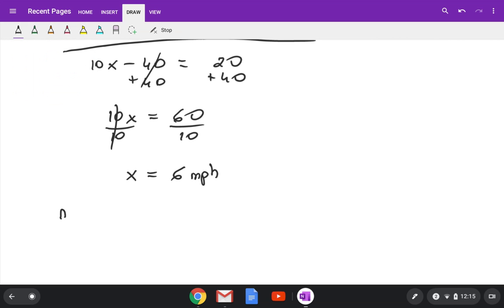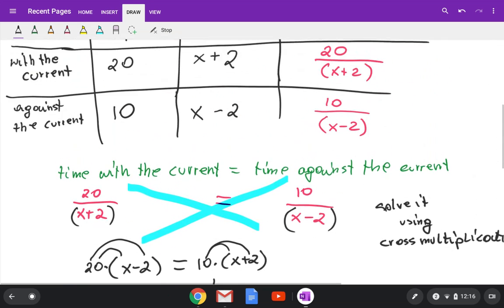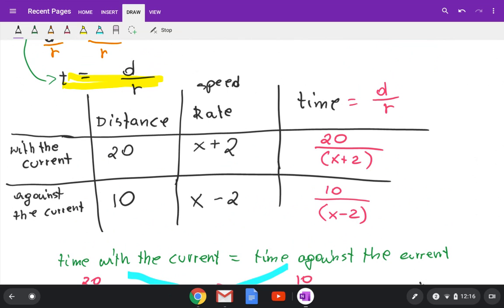So the answer: the speed of a kayak in still water is 6 miles per hour. Okay, so that's the speed of the kayak in still water. And again, with the current that will be 8, without the current that will be 4.